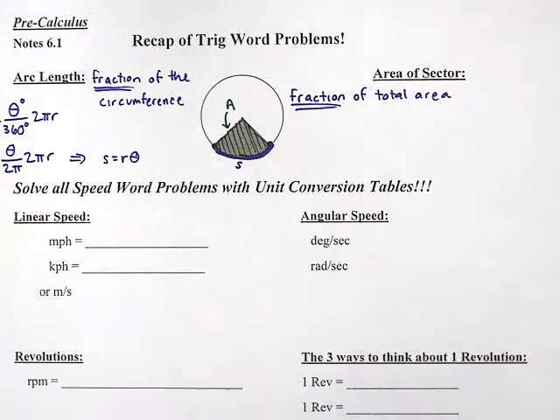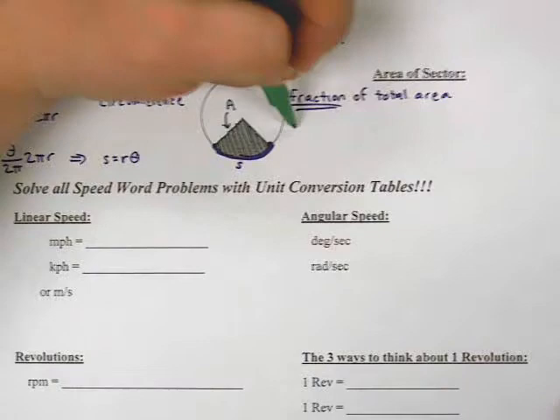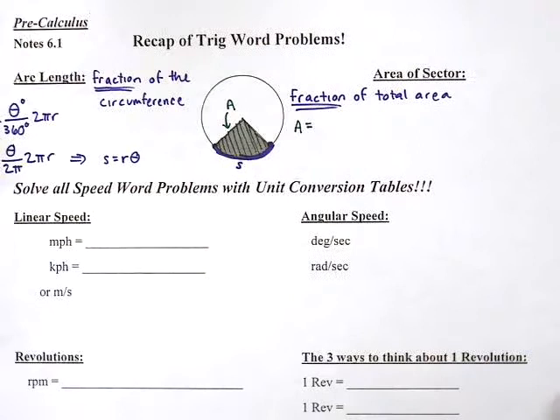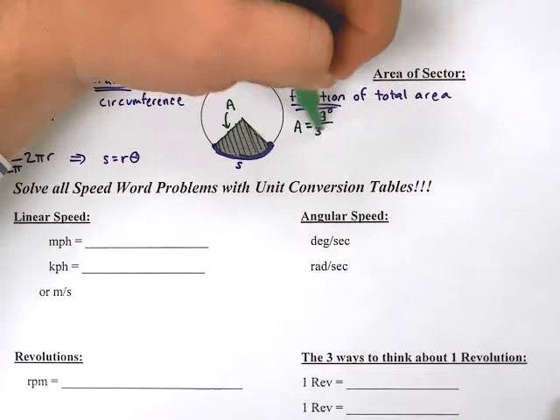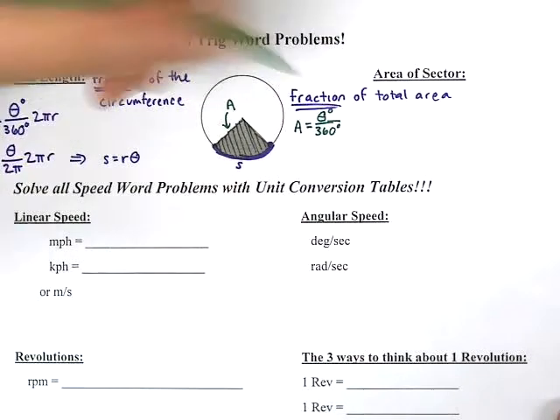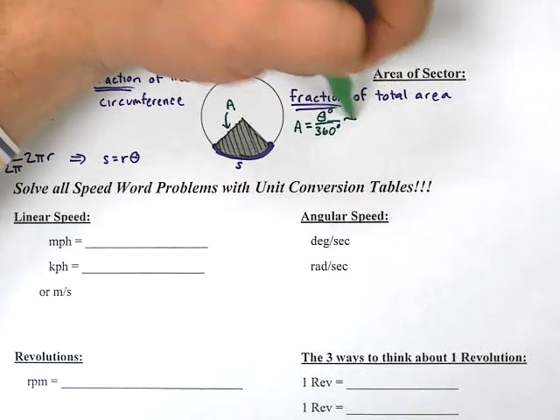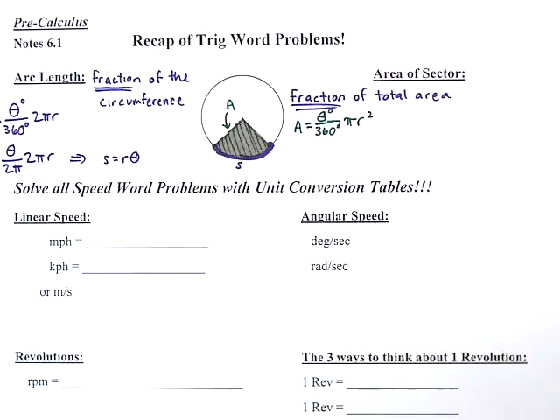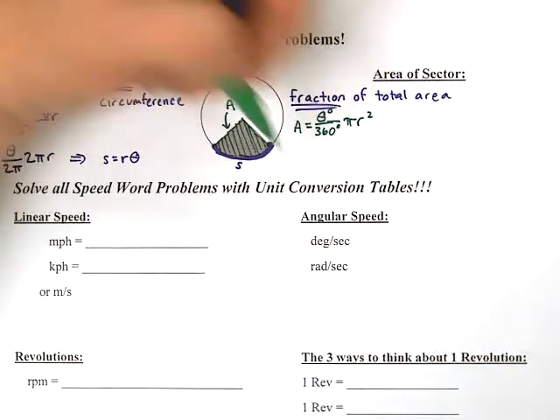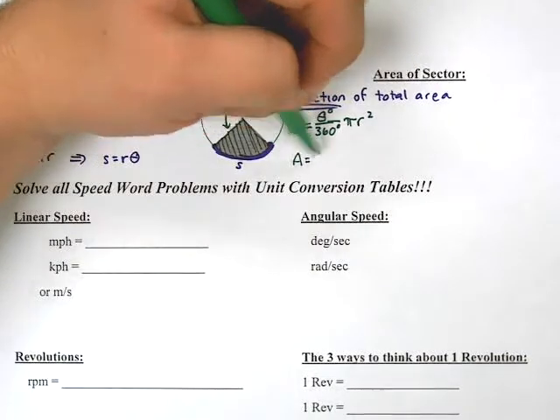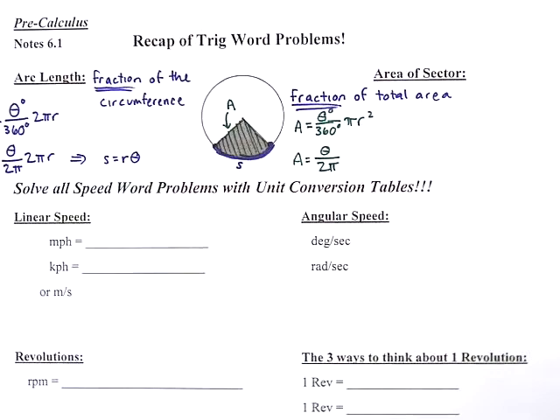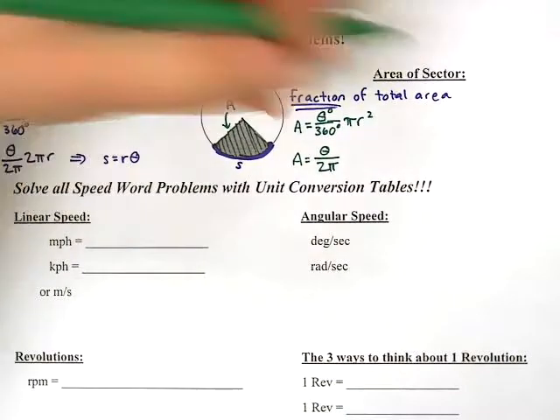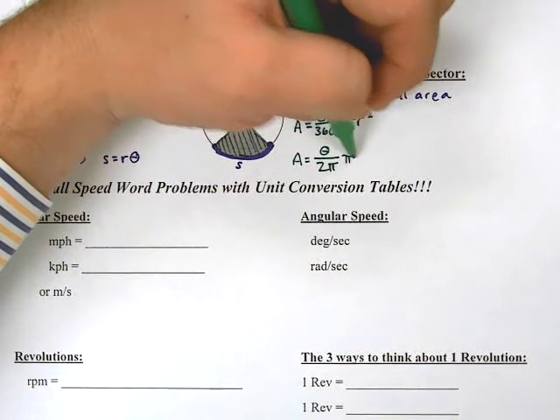Alright, so our formulas are going to look very, very much the same. It's still a fraction, so theta degrees over 360 degrees, but now we're multiplying it by the total area of a circle, which is pi r squared. Or if we're given an angle in radians, so there's no degree symbol, then you're going to put it over 2 pi, because that's what we know a full circle is, 2 pi radians, and pi r squared.